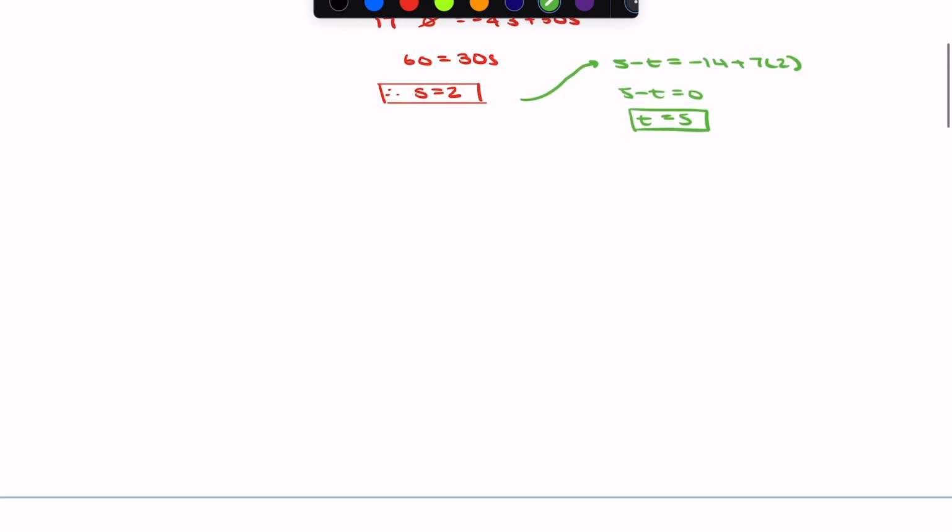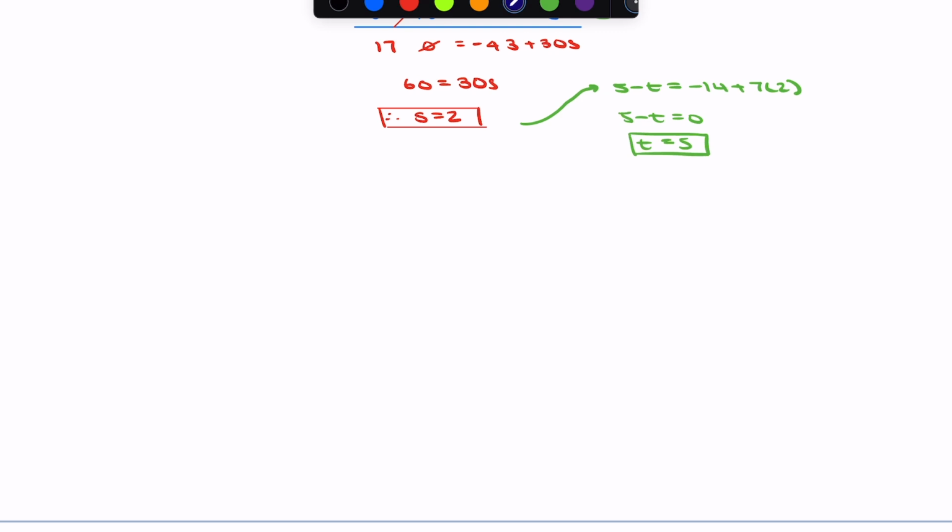So to find, again, the POI, what we'll do is substitute s or t in their respective equations.